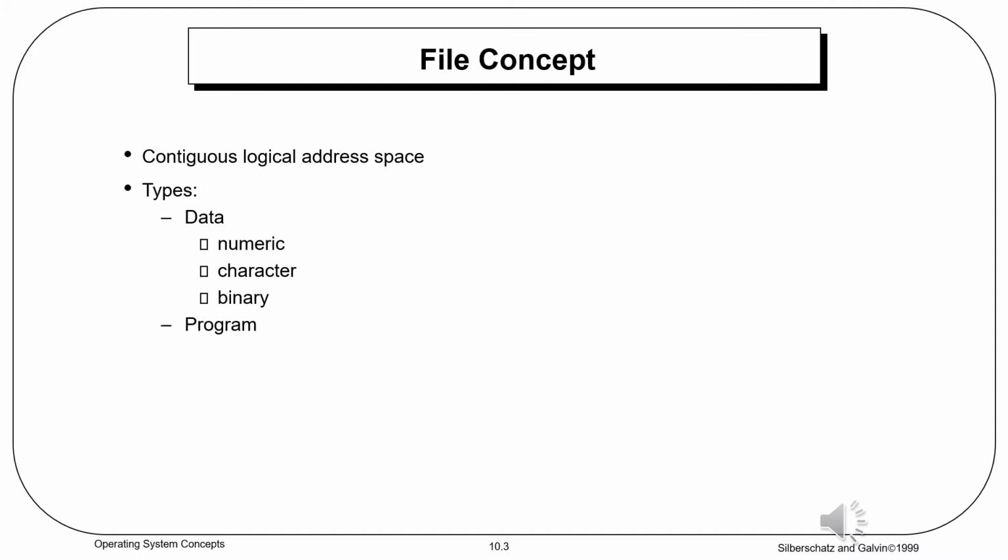In general, a file is a sequence of bits, bytes, lines, or records. The meaning of a file is defined by the file's creator and user.